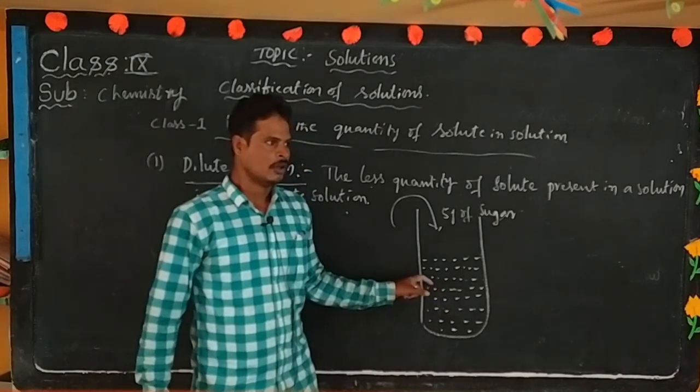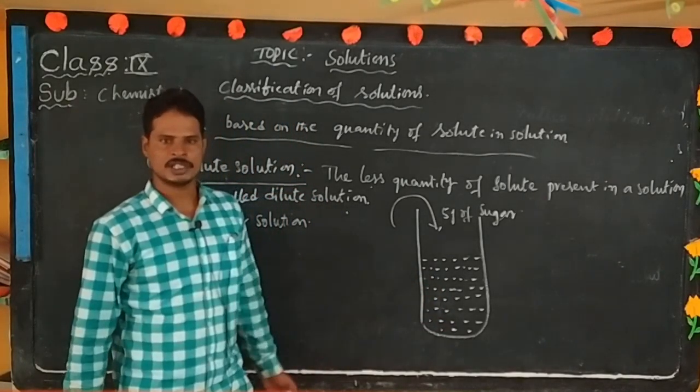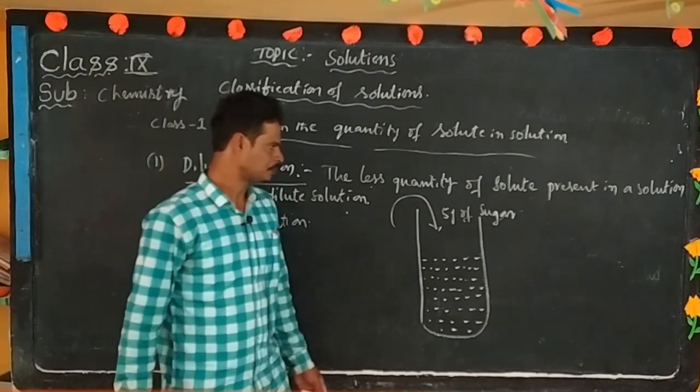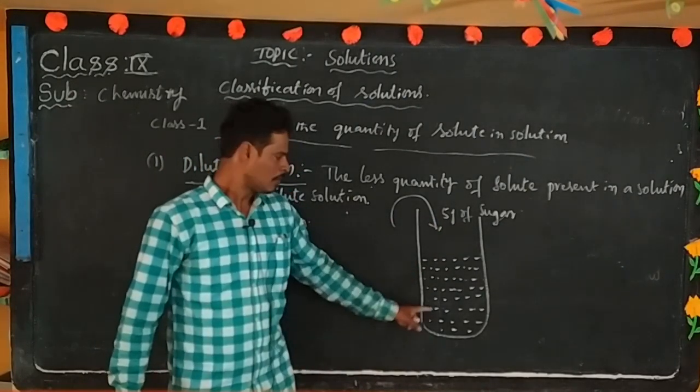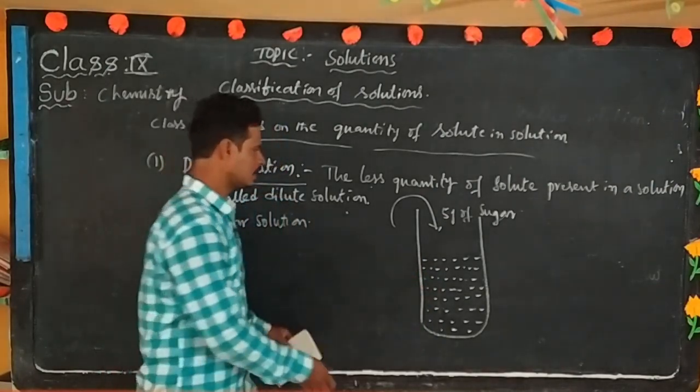After that, we have to identify which one is the more quantity, which one is the less quantity. When we observe here, 5 grams of sugar is there, but water is more quantity. So here water is more quantity.